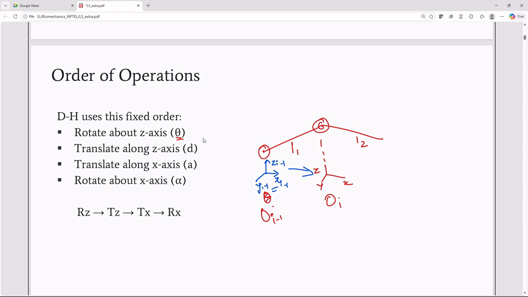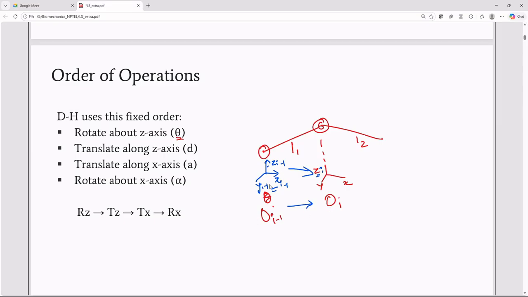So for that, first you have to rotate the z axis. This z axis has to be rotated to align this particular z axis, and then this entire thing will be moved or translated to this particular point to match Oi minus 1 to Oi.